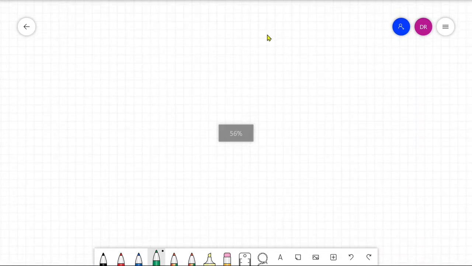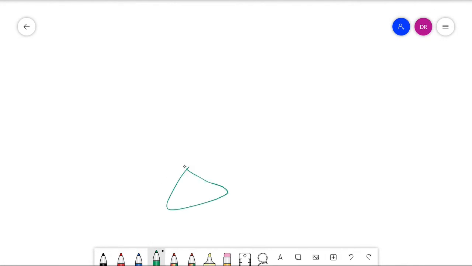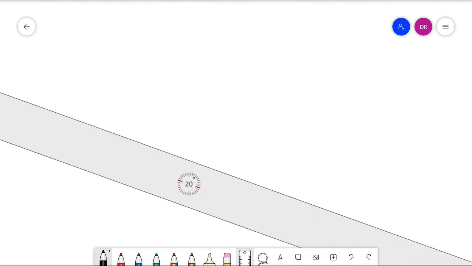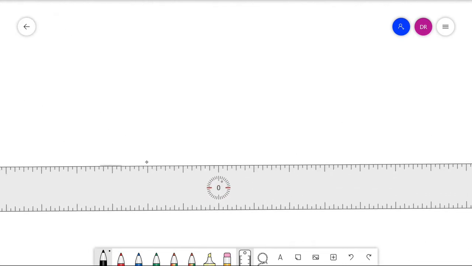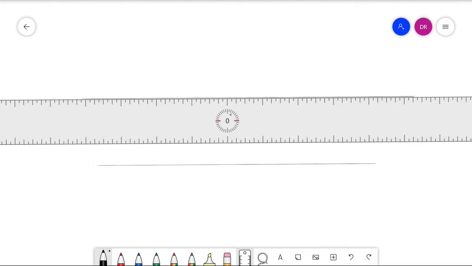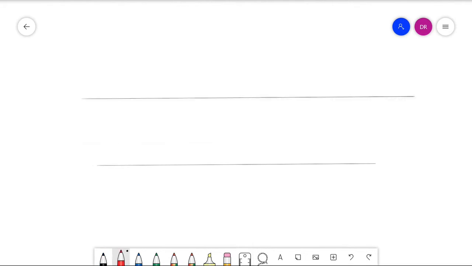So let's say you have these two triangles, right? Let me use the black pen. So you have these two triangles, and you're told that these two lines are parallel.